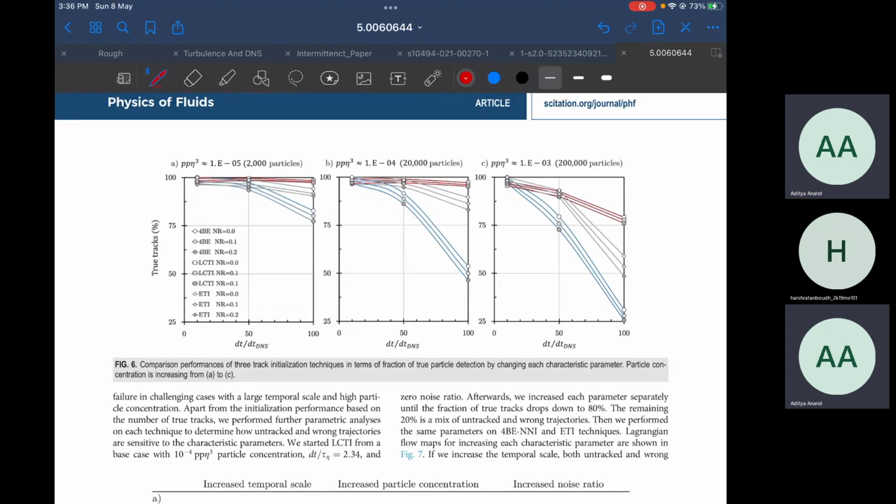So here they show that these are for three noise ratios. First thing is, as you increase your dt, the errors are increasing. This axis is how much percentage resemblance there is between the two tracks. You see that resemblance reduces as the dt increases. So if the time step used is larger, then you'll have a larger error.